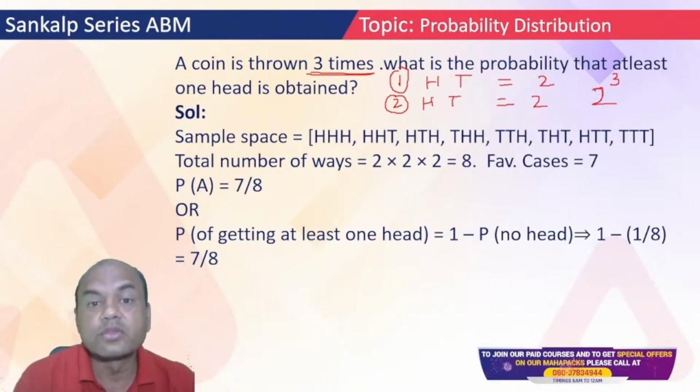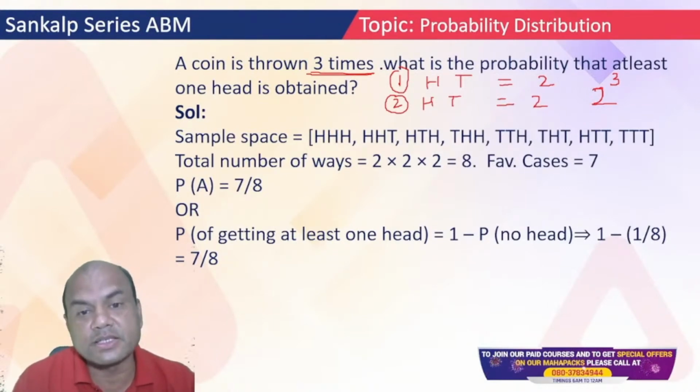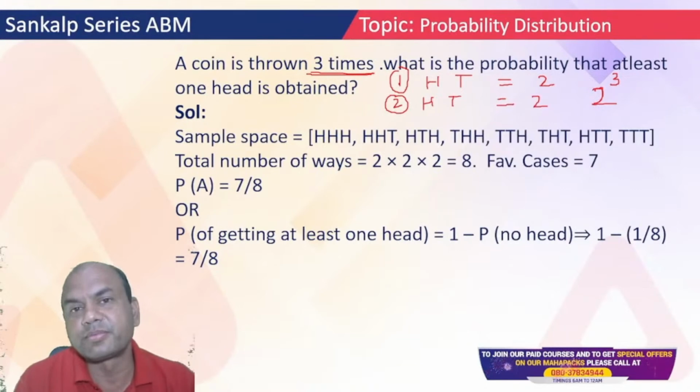Okay. So now find the answer. It is either HHH. Here 3 times I am throwing the coin, so I can get all heads, or head tail head, tail head tail, and all these. These are 8 possibilities available. Now what is asked in the question?